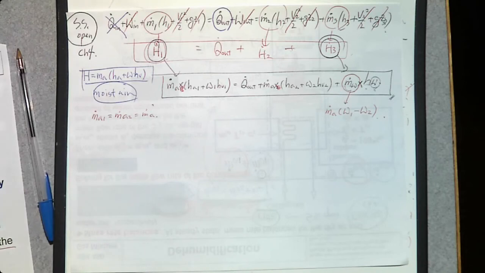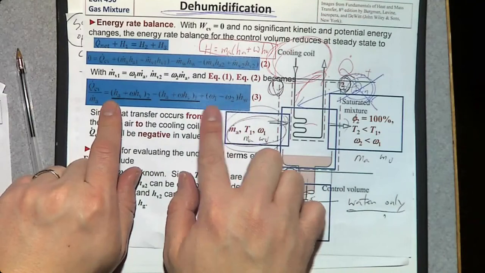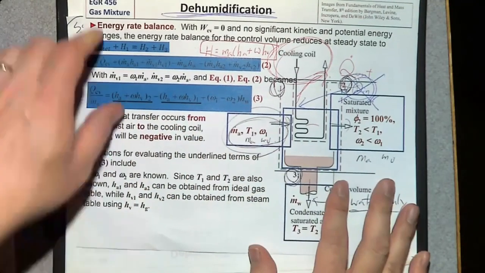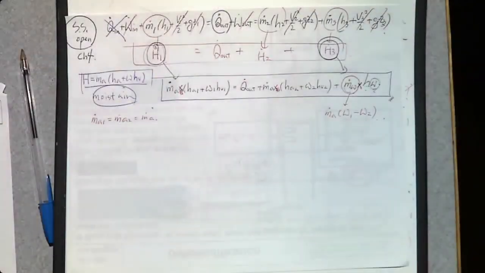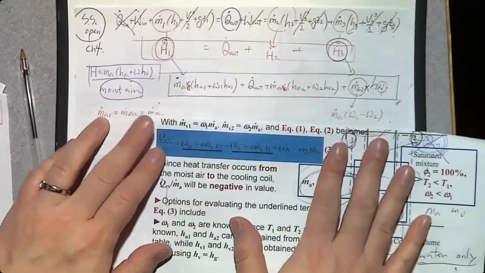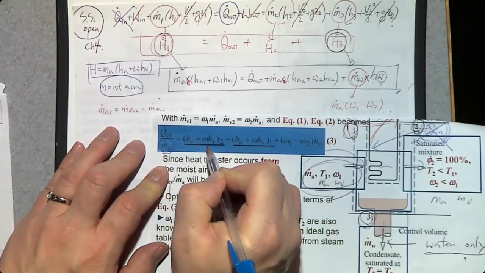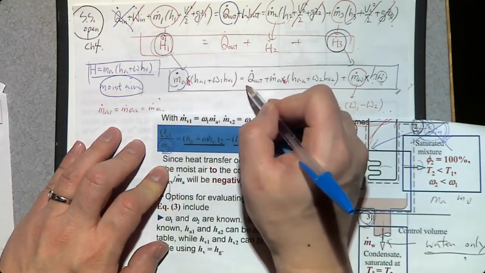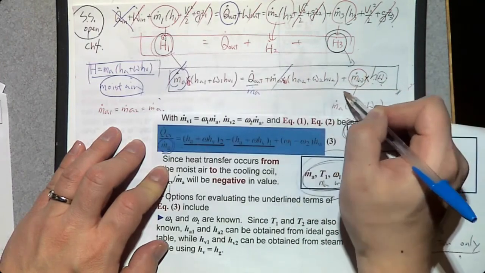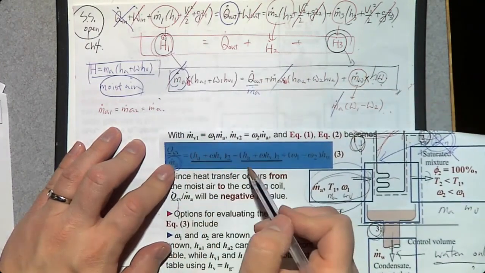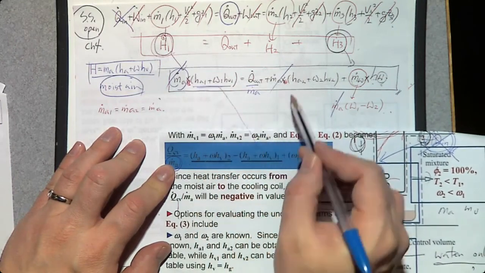This equation is shown right here. So if you compare these two, we have M dot A comes out of this side. So we have M dot A divided by M dot A. Then we get the same equation. So this part is here.